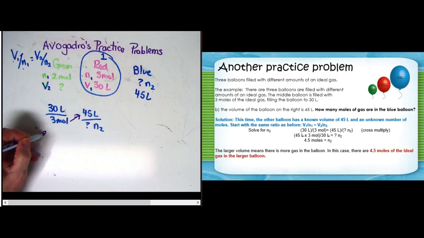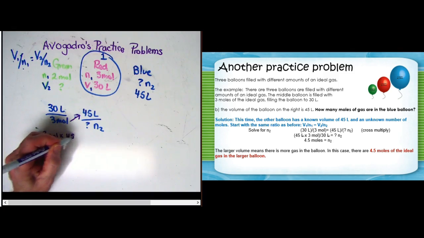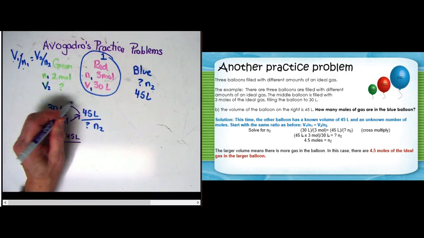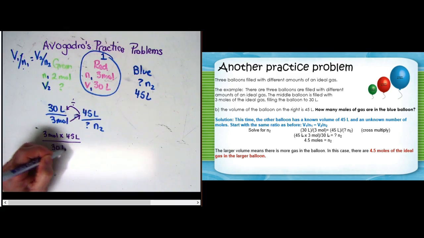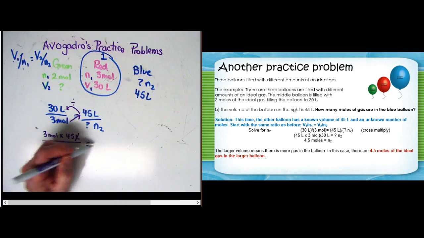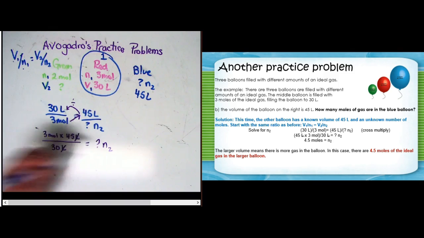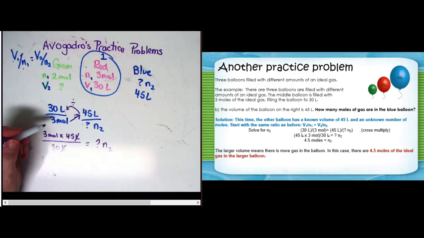So I'm going to take 3 moles times 45 liters. I'm then going to divide by 30 liters, and I'm going to then know that that equals N2. Multiply, divide, equals. That's how I've always done this, and it works really, really well.